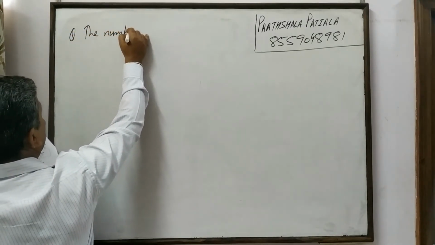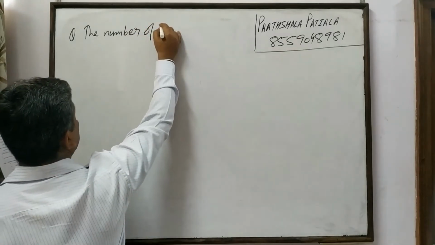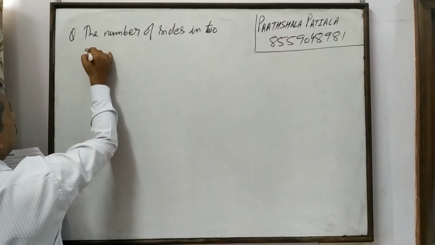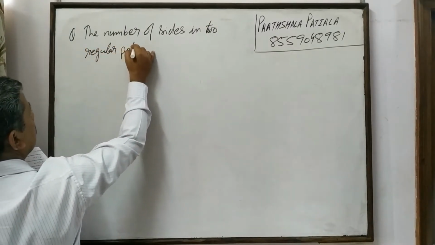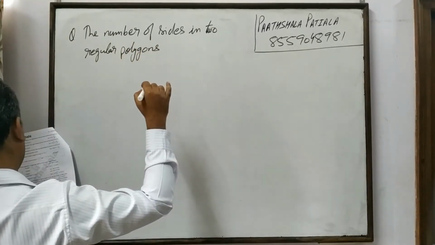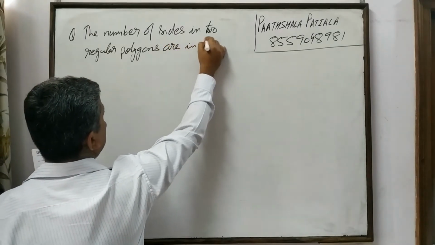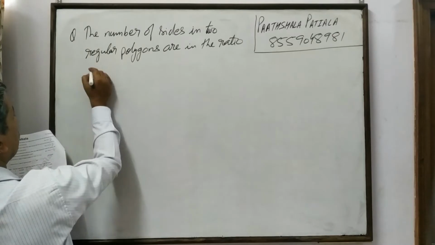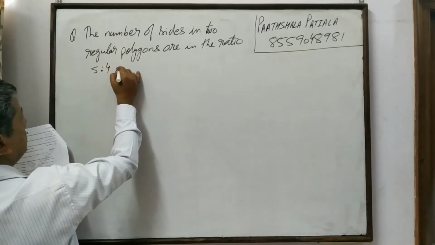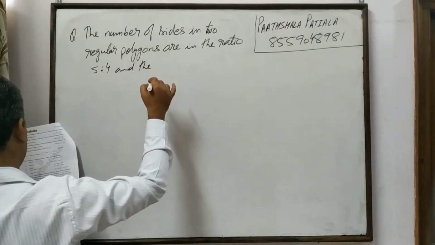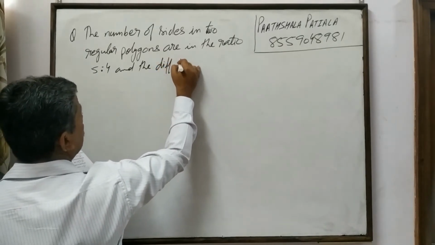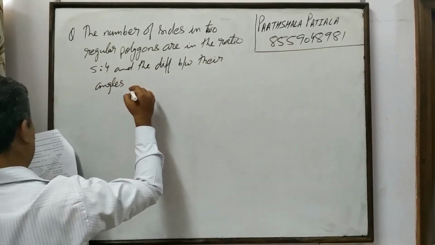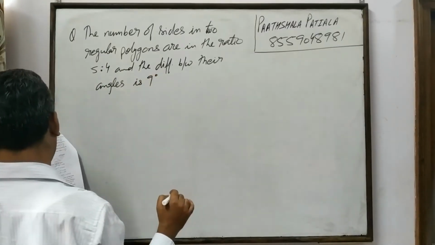So the question is: the number of sides in two regular polygons are in the ratio 5:4, and the difference between their angles is 9 degrees.